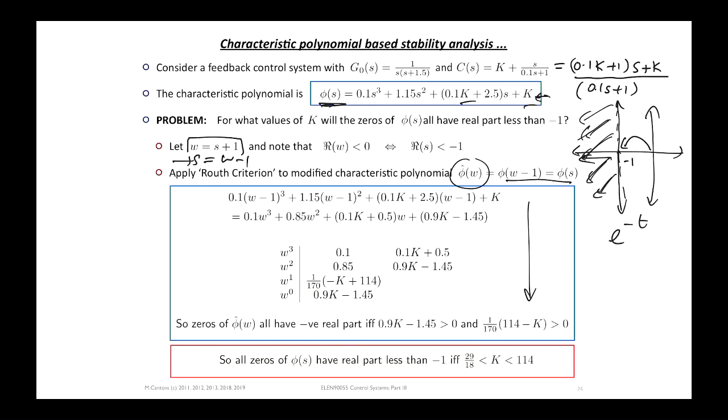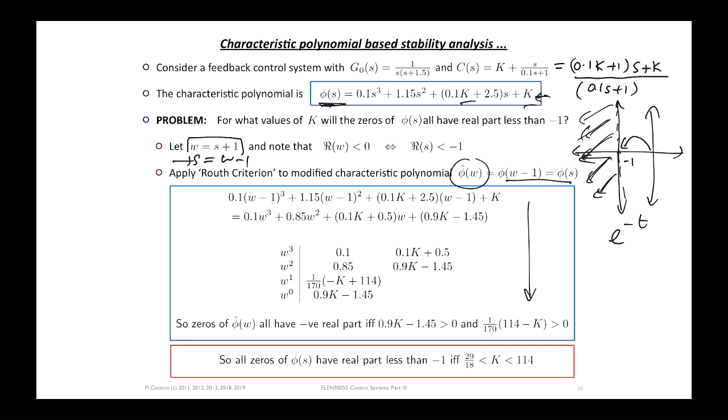This guy here is -1 divided by this pivot times the determinant of the matrix with this as the first column and this as the second column, right? So we get 0.85 times 0, right, minus this times this, which gives you this. And so the requirement is that there are no sign changes in the first column. All right, so we need this to be positive because these guys are positive, and we need this to be positive. So that gives you the two conditions.